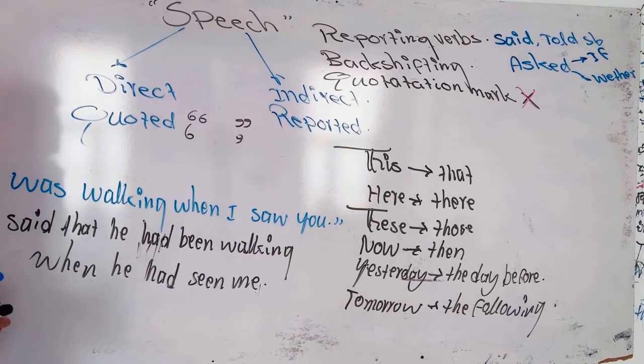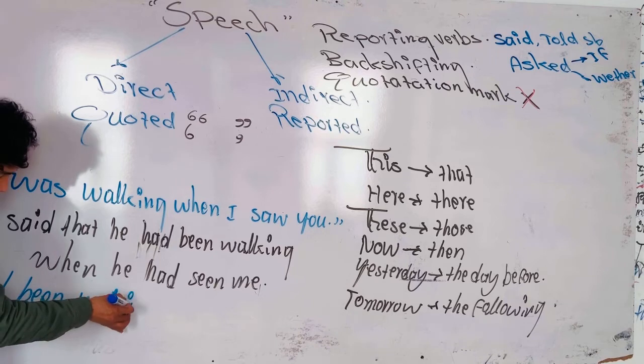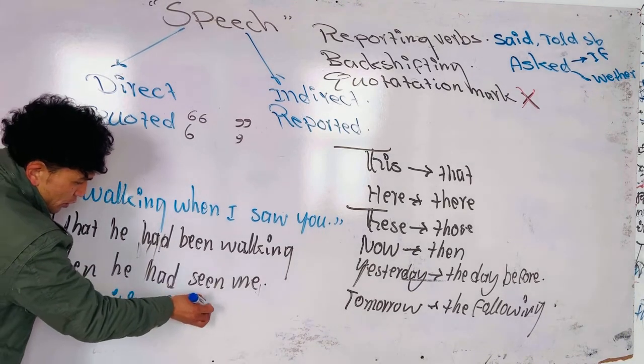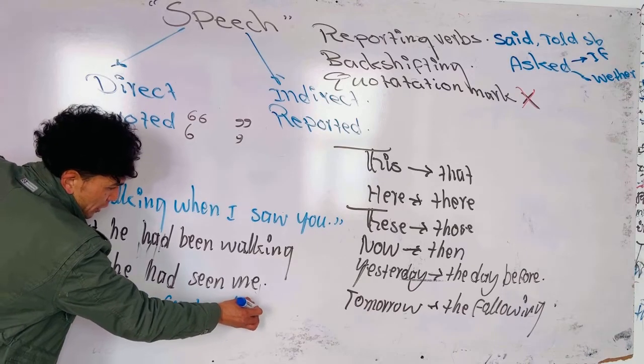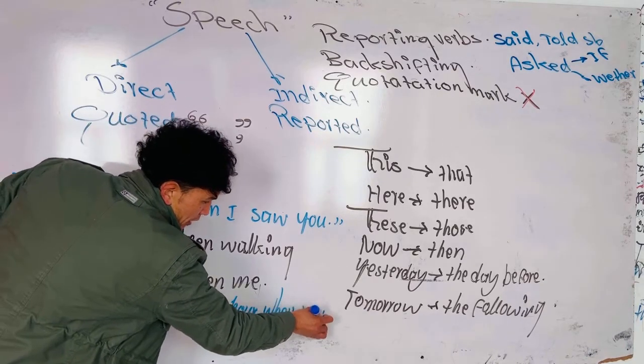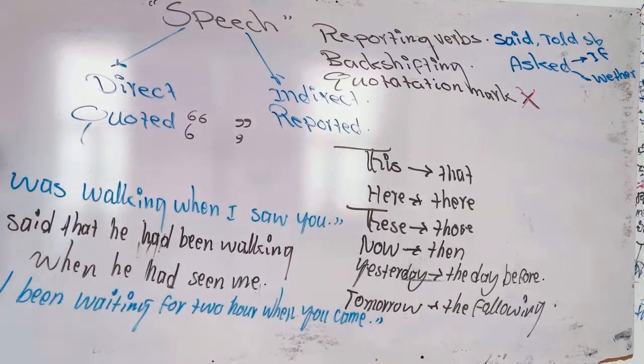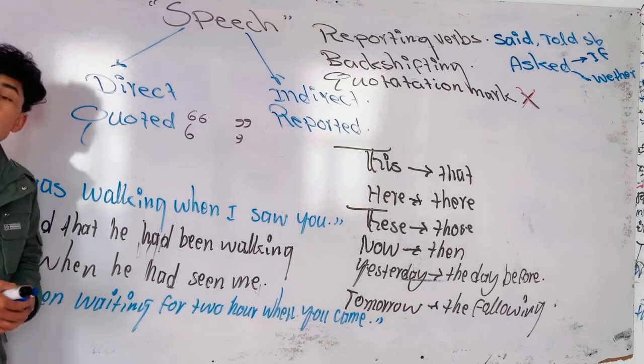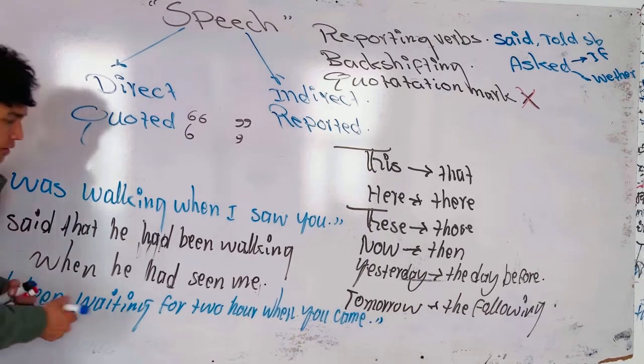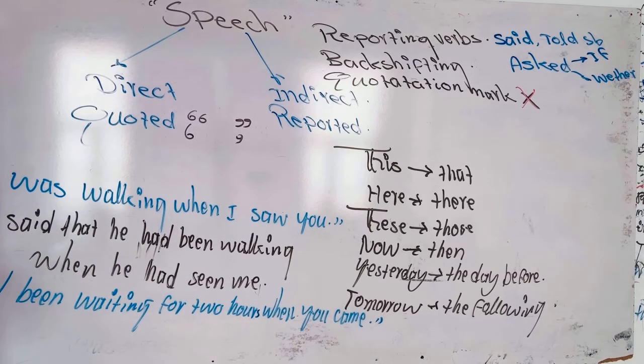Somebody says, let's go with the past perfect tense. Somebody says, I had been waiting for 2 hours when you came. This is quoted speech, right? This is past perfect continuous tense.